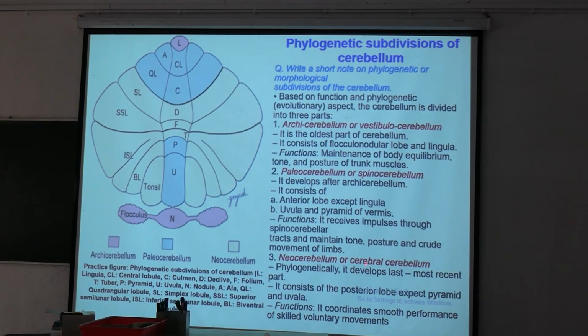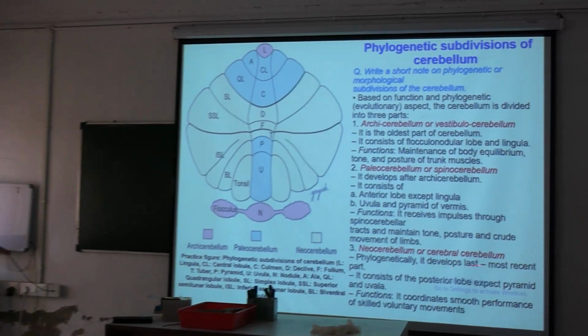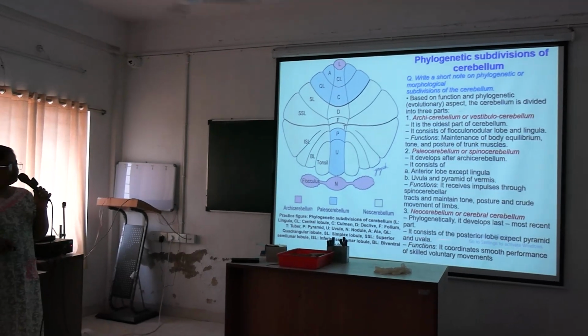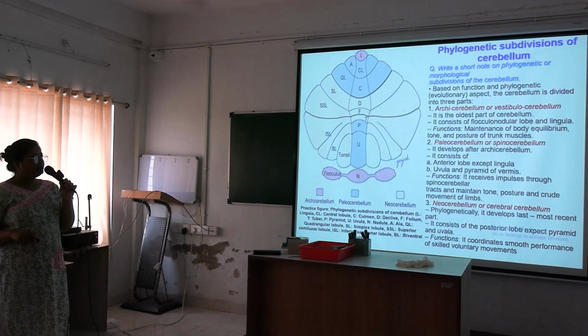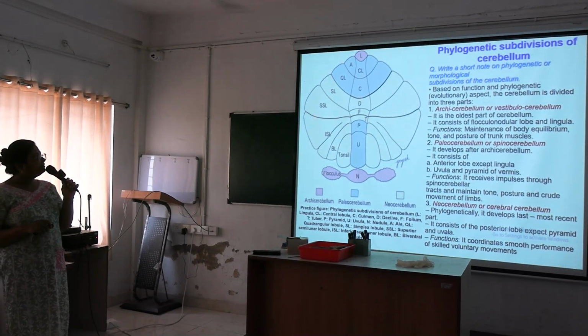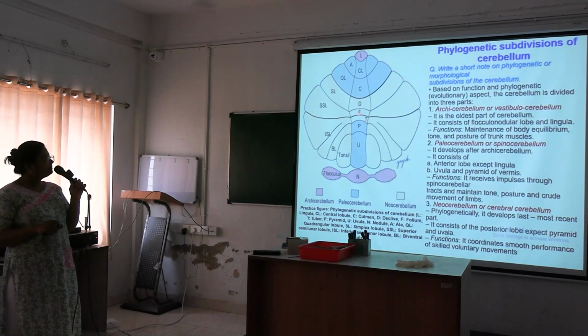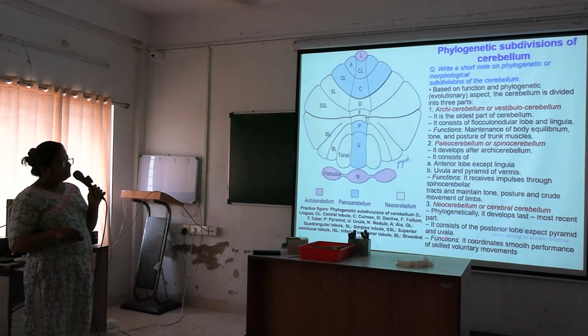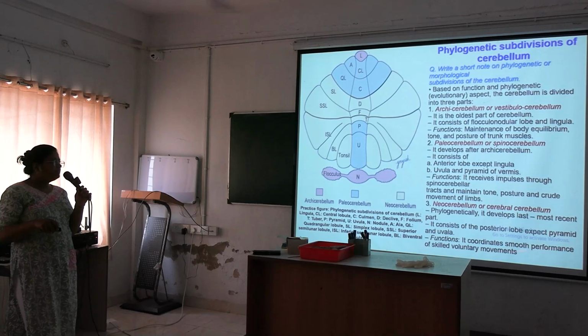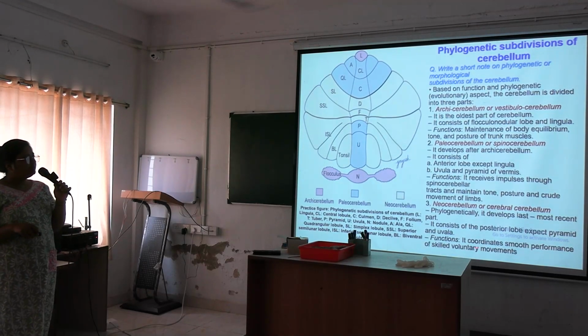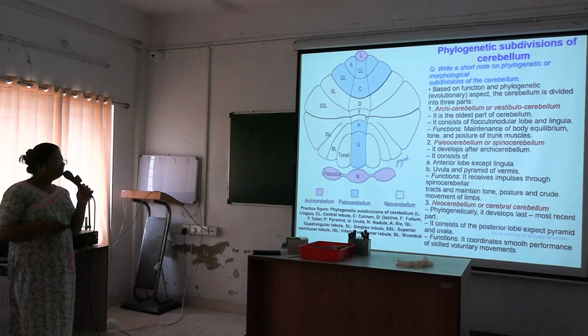Next is the neocerebellum or cerebrocerebellum. Phylogenetically, it develops last and is the most recent part. It consists of the posterior lobe except the pyramid and uvula. Its function is to coordinate smooth performance of skilled voluntary movements.